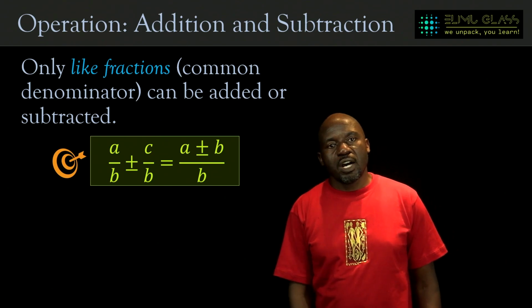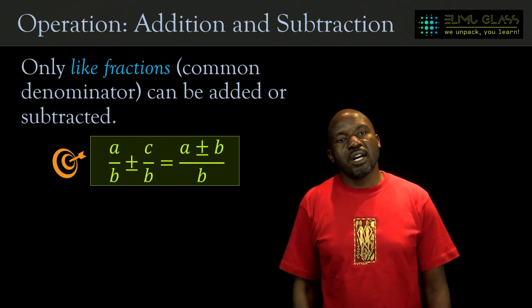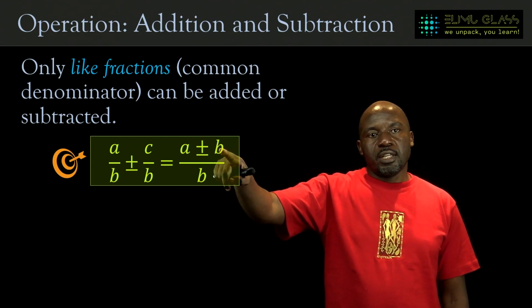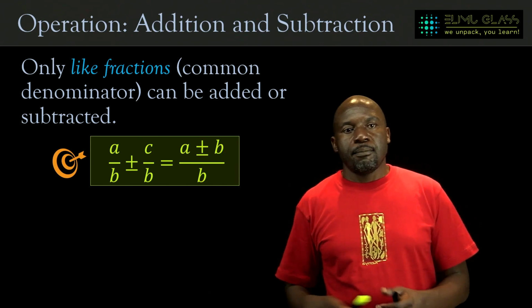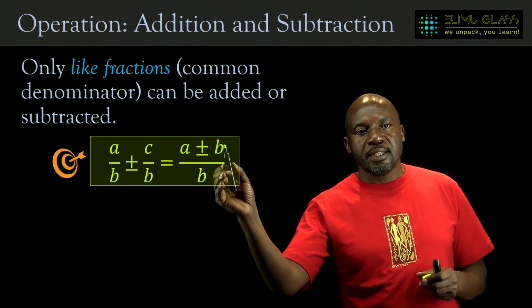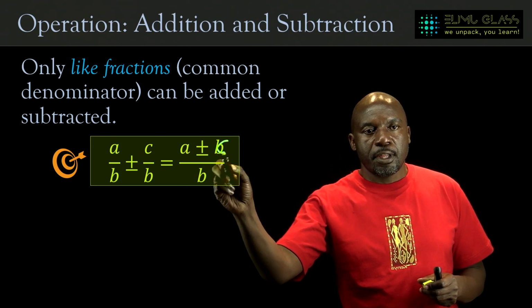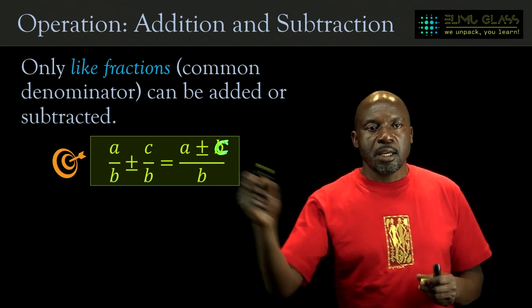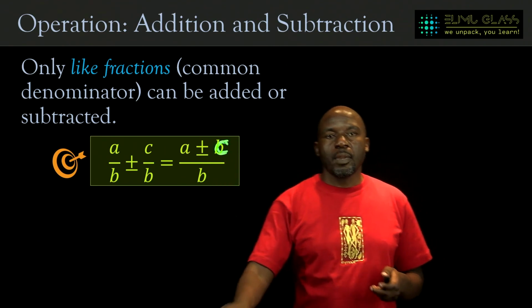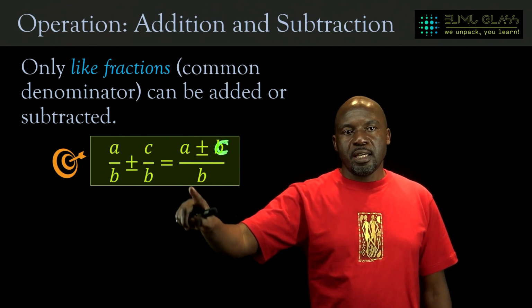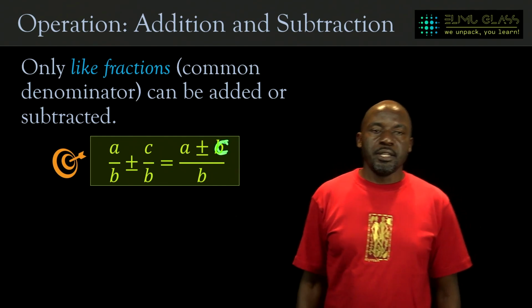So it is A plus or minus C. This is supposed to be C here, sorry. A plus or minus C divided by that common denominator there.